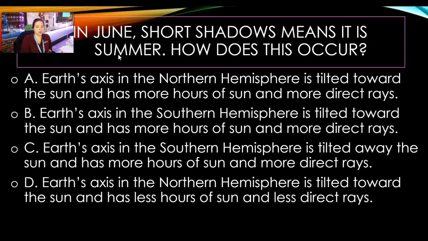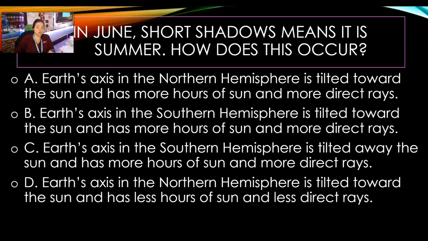In June, number 2, in June, the shortest shadow means it is summer. How does this occur? Earth's axis in the northern hemisphere is tilted towards the sun and has more hours of sun and more direct rays. Earth's axis in the southern hemisphere is tilted towards the sun and has more hours of sun and more direct rays.